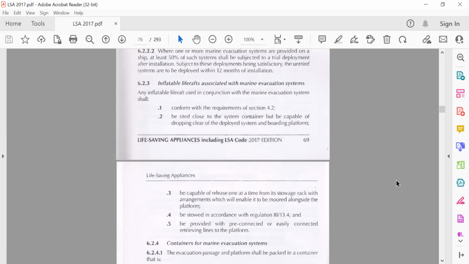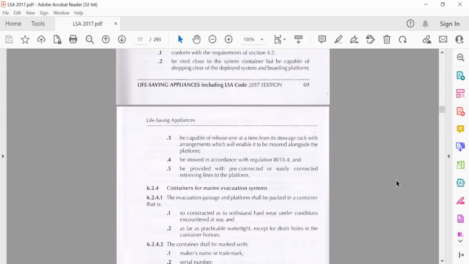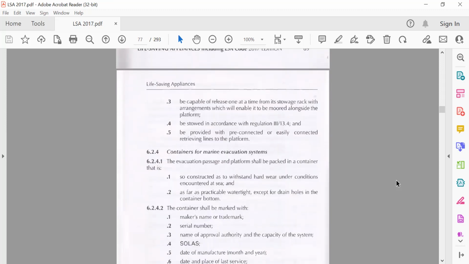Any life raft used in conjunction with marine evacuation system shall: one, conform with the requirements in section 4.2; two, be sited close to the system container, but be capable of dropping clear of the deployed system and boarding platform; three, be capable of release at one time from one storage rack of the arrangement, which will enable it to be moved alongside the platform; four, be stored in accordance with Regulation 3/13.4, and be provided with pre-connected or easily connected retrieving lines to the platform.